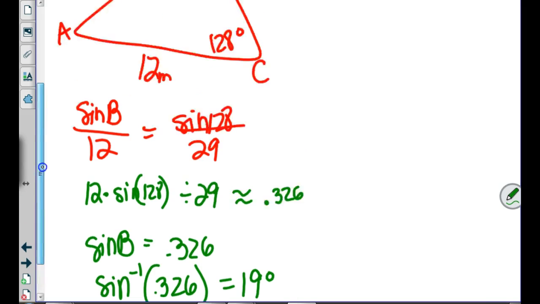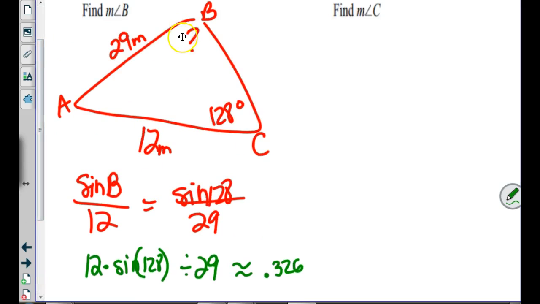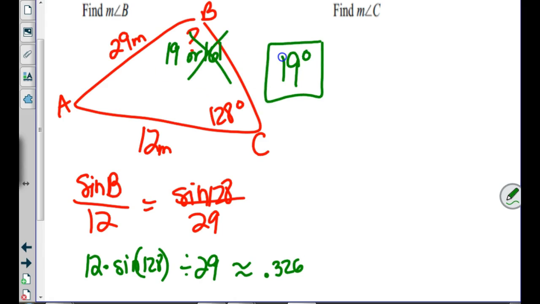Can angle B up here be either one of those? Can this be 161? No, because there's already 128 in this triangle, right? And it's not across from the longest side anyway. But that's the kind where you would have two possible angles.